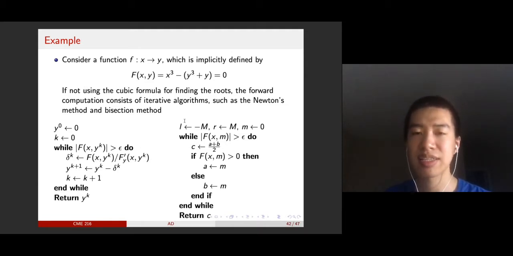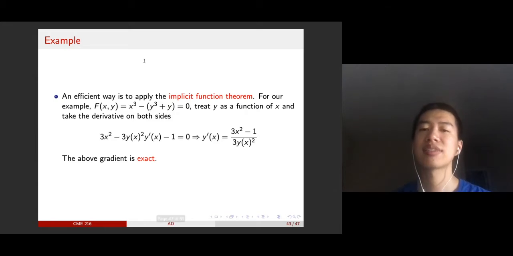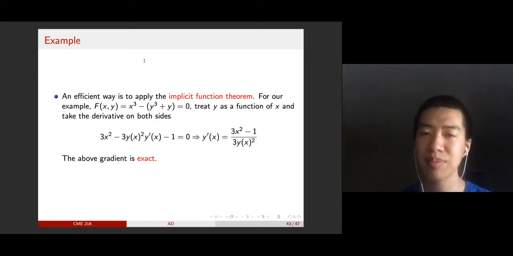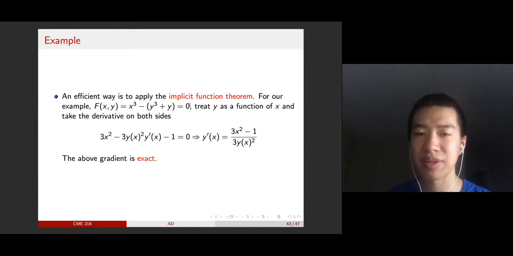So the question is, how do we compute the gradients of y with respect to x? And this is related to the implicit function theorem. For our function, it looks like this. If you remember the calculus, you can just think of y as a function of x and take the derivatives on both sides of this equation.